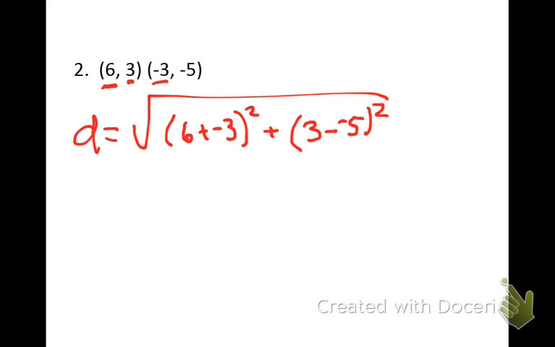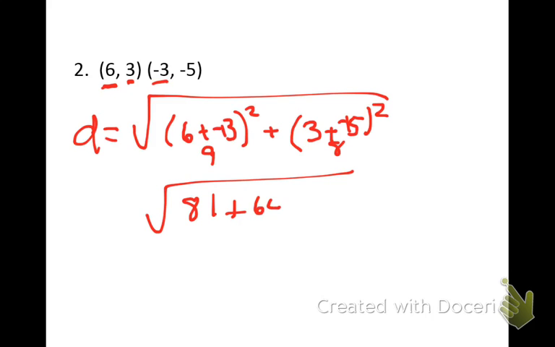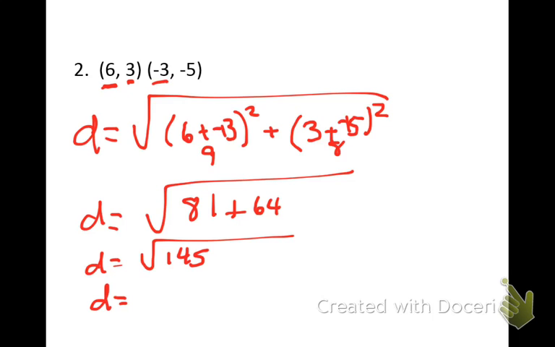This becomes plus positive, which would be 9. 9 squared would be 81. Plus positive would give me 8. 8 squared would be 64. 81 plus 64 is equal to 145, and take the square root of 145, round it off, it's actually 12.0. Remember, you do need that 0 there to show it's been rounded to the nearest tenth. So that's using the distance formula then.